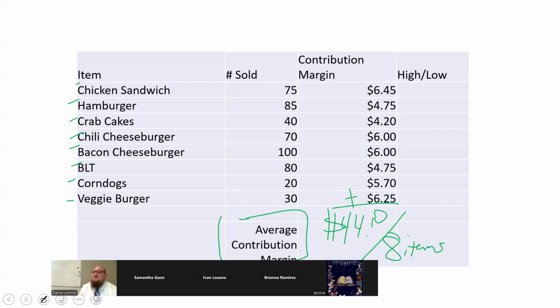Do we all agree? $44.10? And now when we divide that by 8, what do we get?